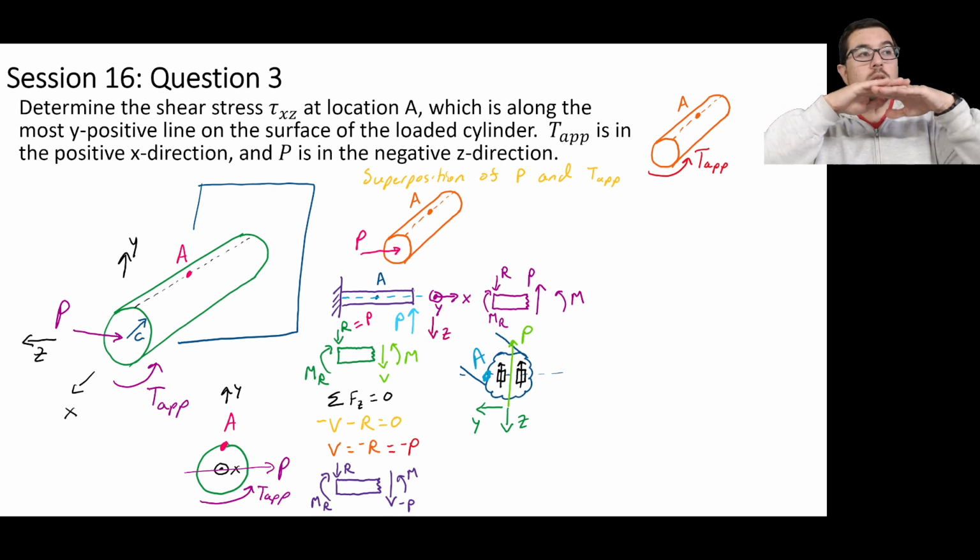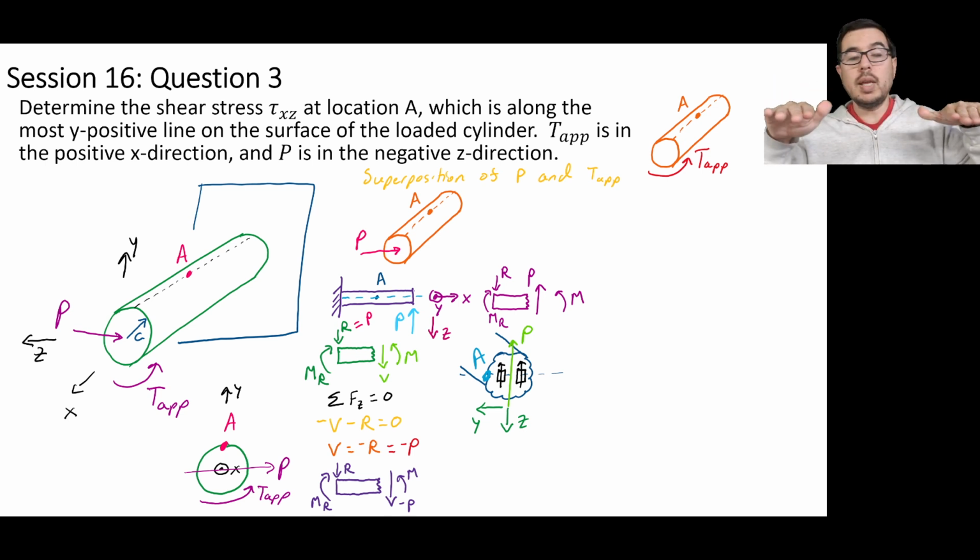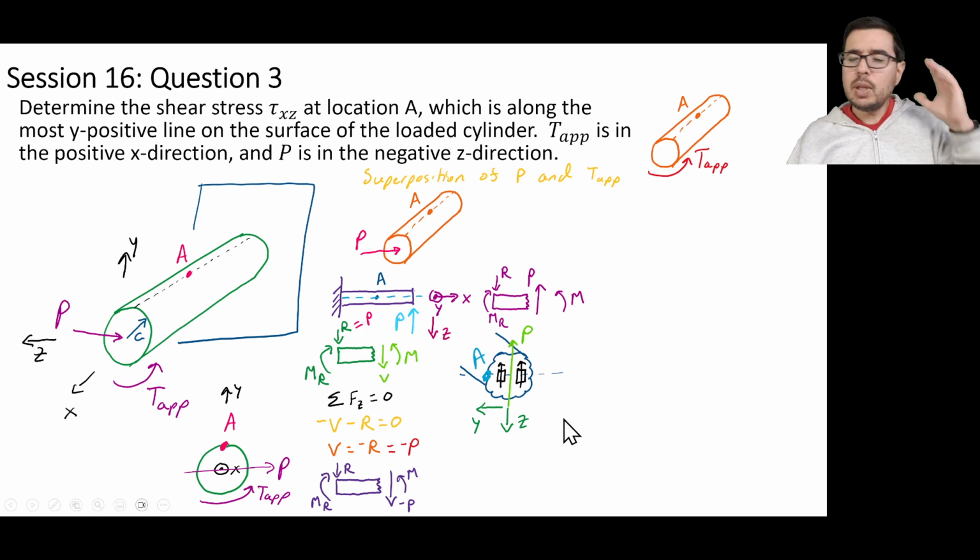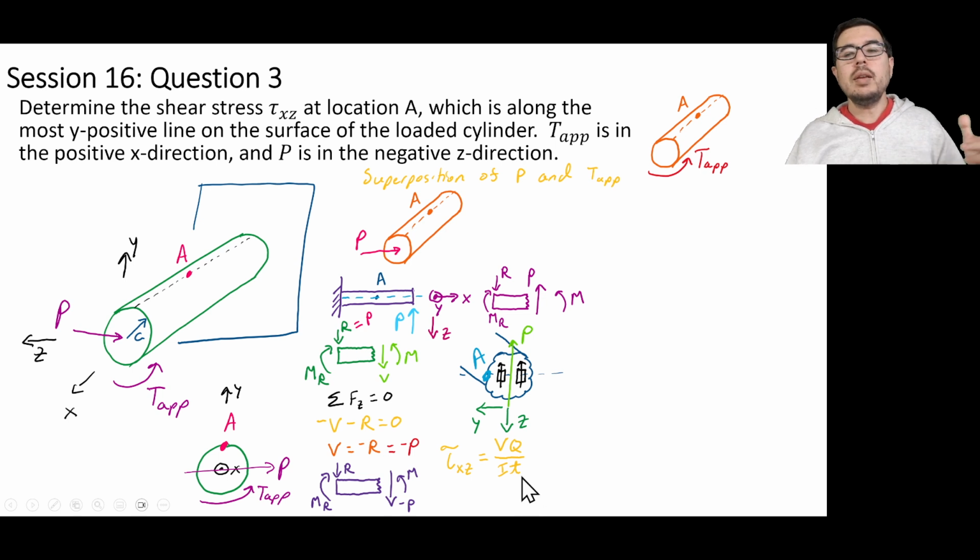But at the neutral axis, we know that we're going to have the maximum shear stress. So we think about that a little bit, even as we're writing our formula for the transverse shear stress, which is VQ over It. And since it's on the neutral axis, and since we know it's maximum on the neutral axis, we really don't want to solve this problem in detail.